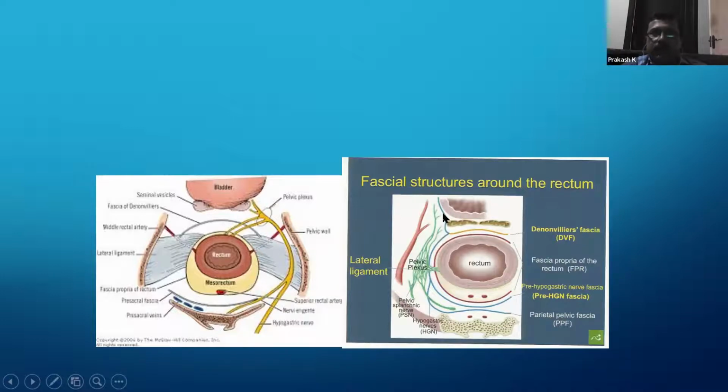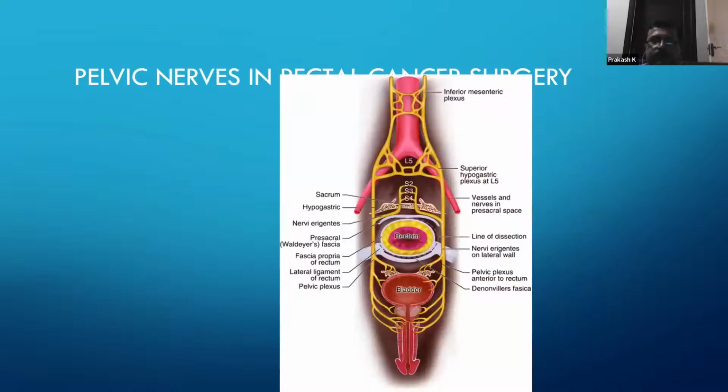So the blue line is our dissection plane. One must take care not to go outside this blue line. If you stay on it, you are taking a complete mesorectal excision without injuring the important pelvic nerves.